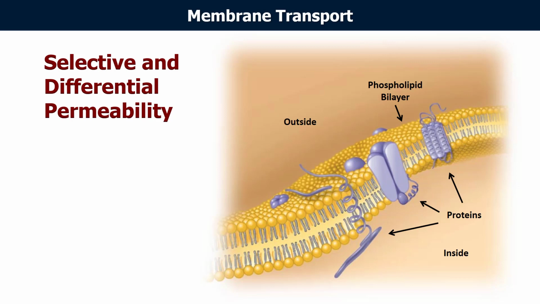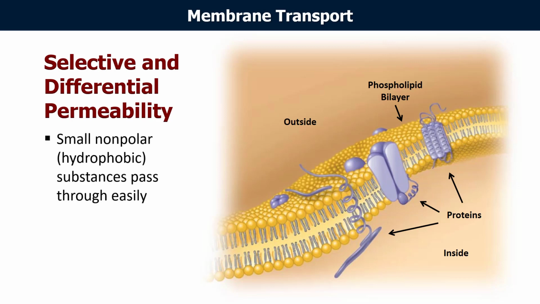So let's think about what features of a substance might determine whether it gets through or at what rate it gets through. Small nonpolar, and another name for that is hydrophobic. So small hydrophobic or small nonpolar molecules pass through easily. If you're small, then you can fit in between the phospholipids and just kind of sneak between the layers there.